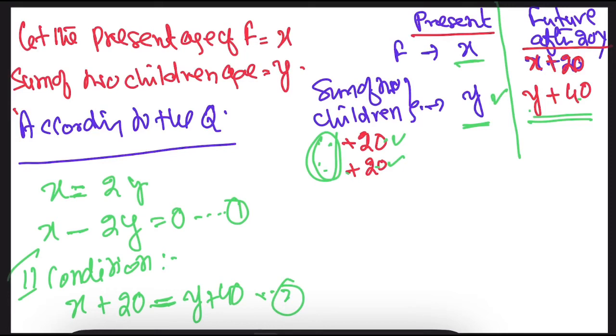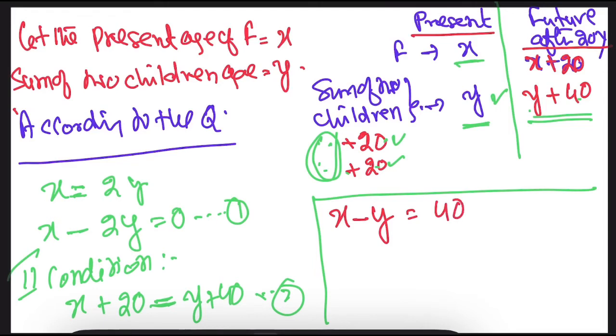So let's solve. x equals y plus 40, minus 20. This 20 we shall bring to this side, y we shall bring to this side, so x minus y, and 20 when it comes over becomes minus 20, so x minus y equals 20.